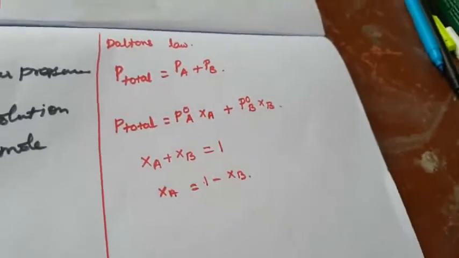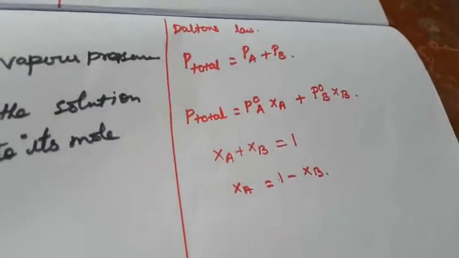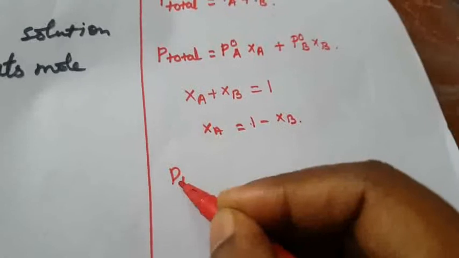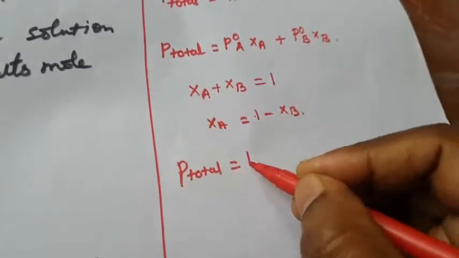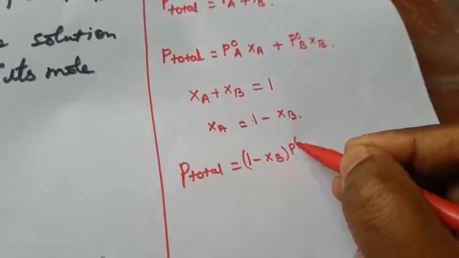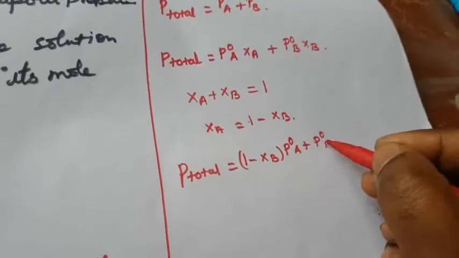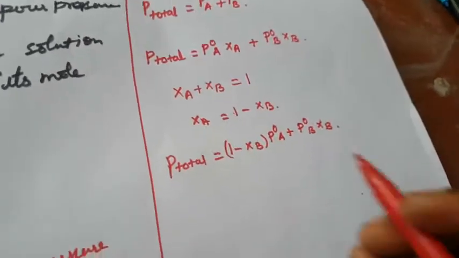So here P total is equal to (1 minus XB) into P0A plus P0B into XB. Okay, so next another one.